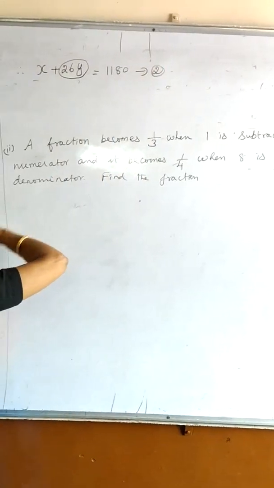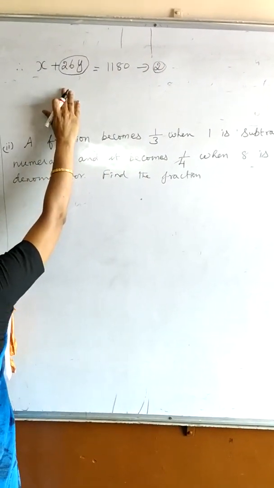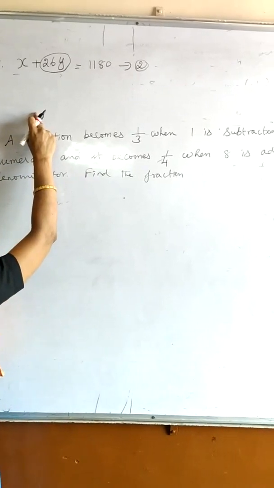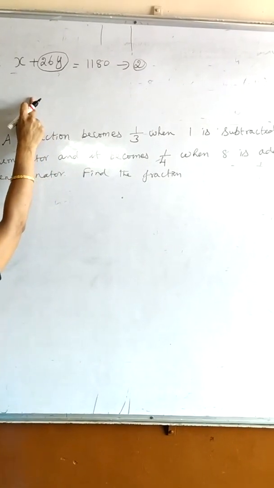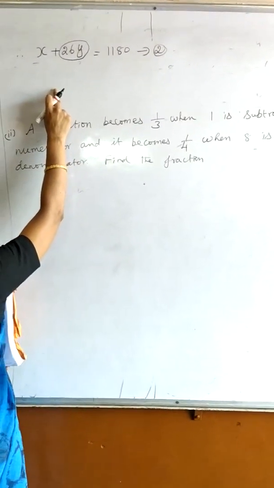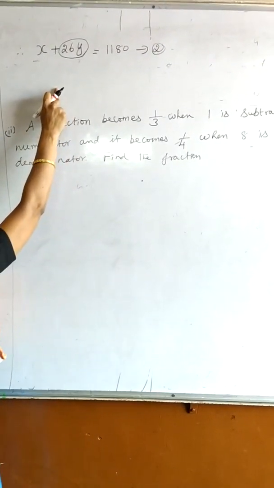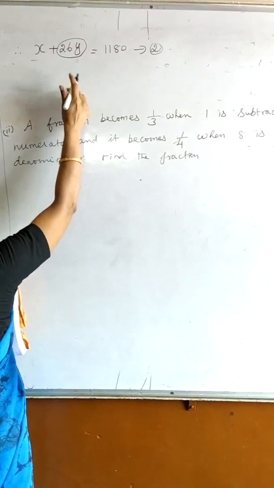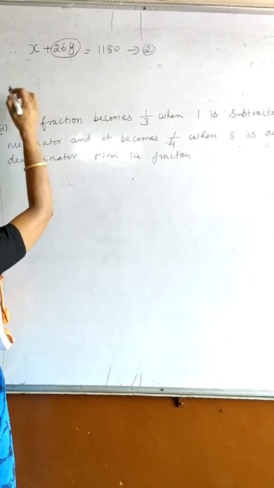So first equation and second equation are given. So we can solve the equations using any method, either elimination or cross multiplication or substitution. But among the three, elimination method goes faster and easier also. But you can choose any method as per your wish and conclude the answer.